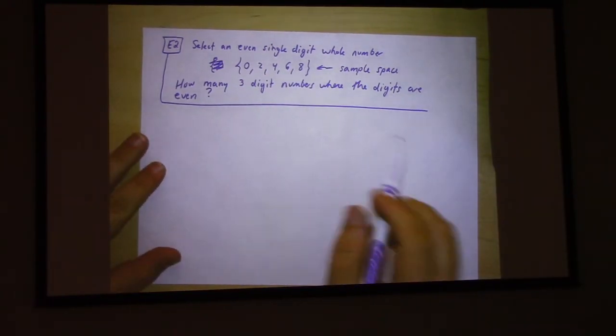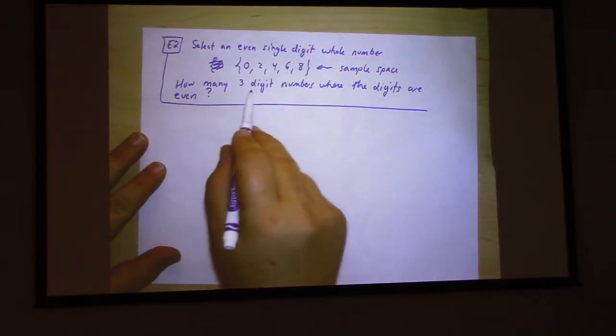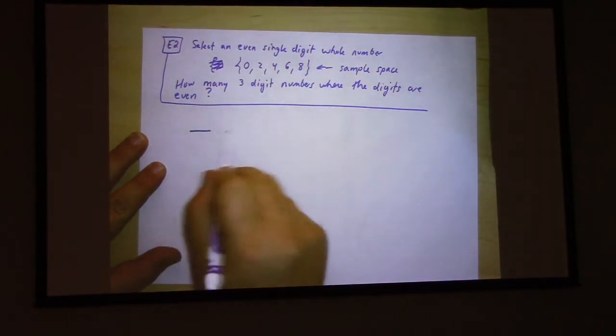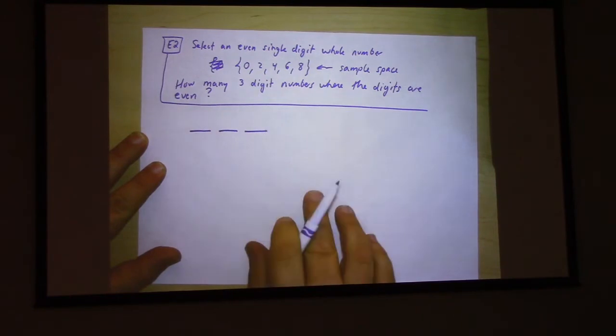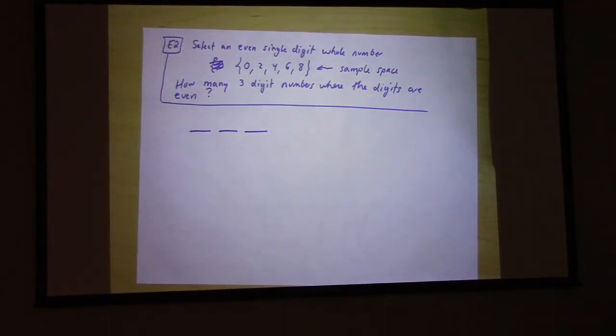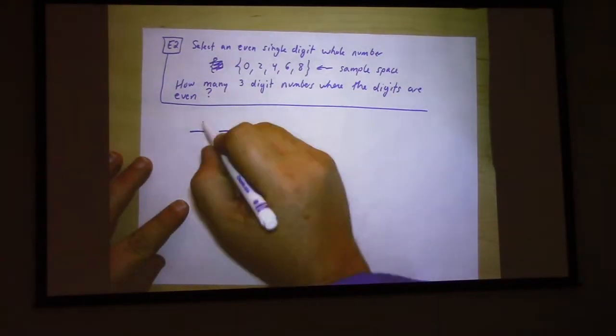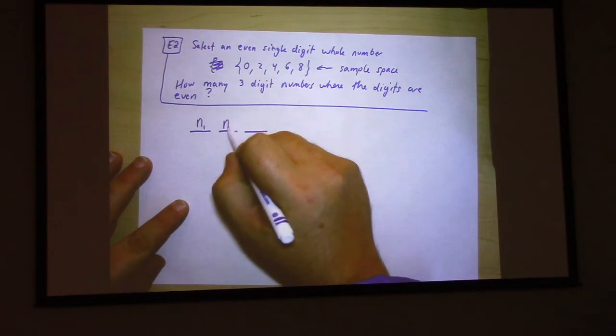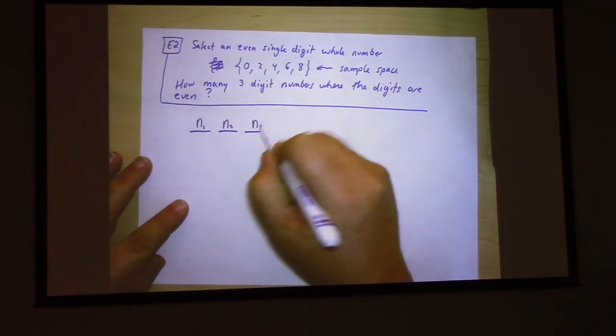So the way I think about this is I'm forming a 3-digit number, right? So I've got 1, 2, 3 blanks to fill out, yeah? And how many choices do I have for each one of those? It's basically an experiment. I have n1 choices for this one, n2 choices for this one, n3 choices for that.